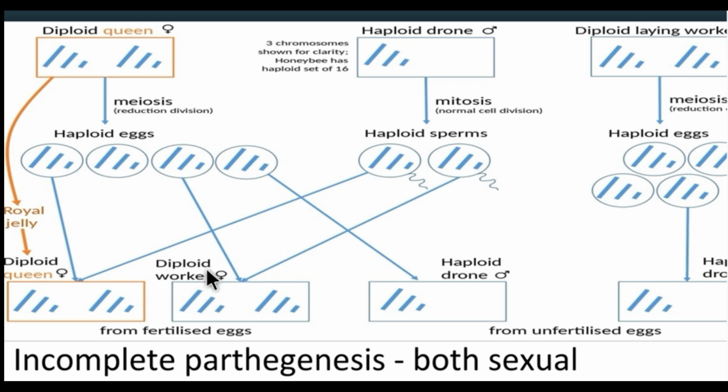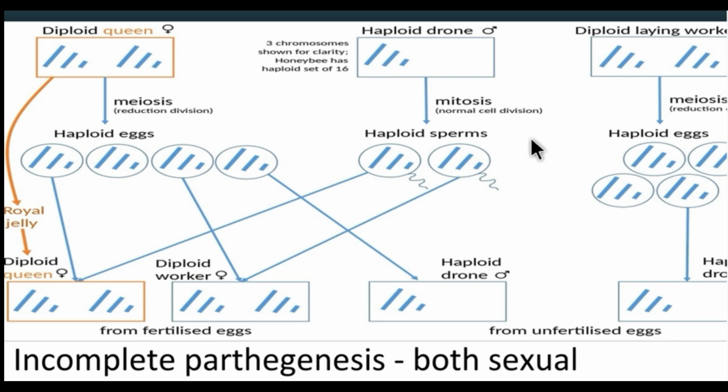Here also a worker, also diploid. Here meiosis division occurs, and 4 haploid eggs are produced. Here there is zygote formation, but in this case there is no zygote formation, so haploid drones become from unfertilized eggs.